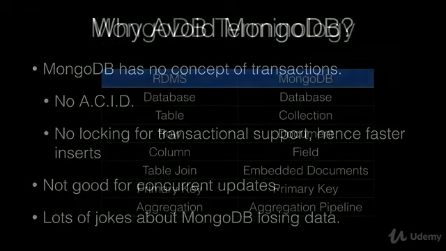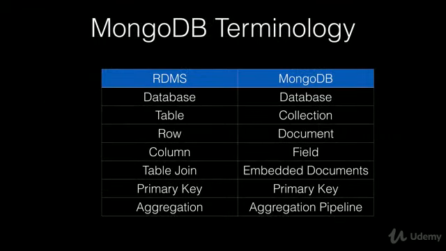Now, some terminology as we move forward with Mongo compared to traditional relational databases. Both of them are called a database. Inside of a traditional relational database, you have tables, but Mongo calls those collections. A relational database will have rows within the table, where Mongo will have documents inside the collection.